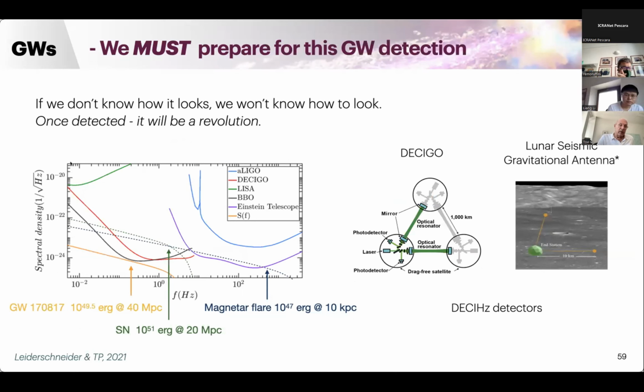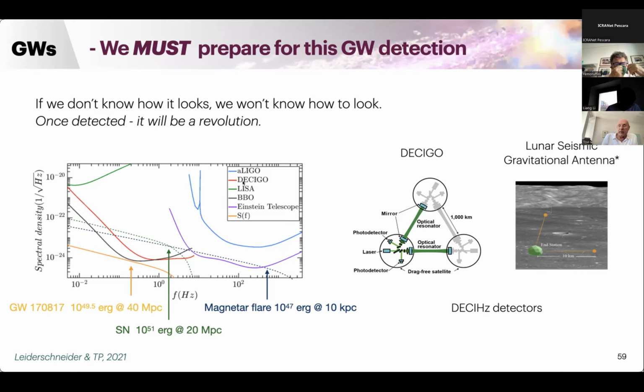This is the amplitude. This is the kind of signal that we expect as a function of frequency. This is what we would have seen for GW170817, where we know fairly well that the energy was about 10 to the 49.5 ergs, and the distance was 40 megaparsec. This would have been marginally detected by BBO and by DECIGO.